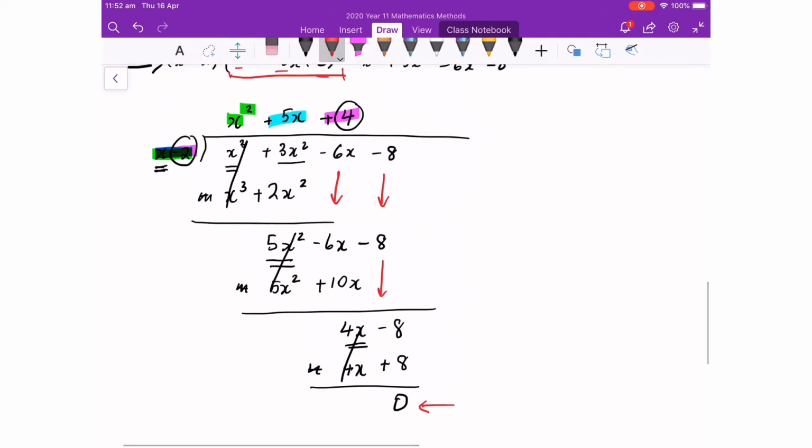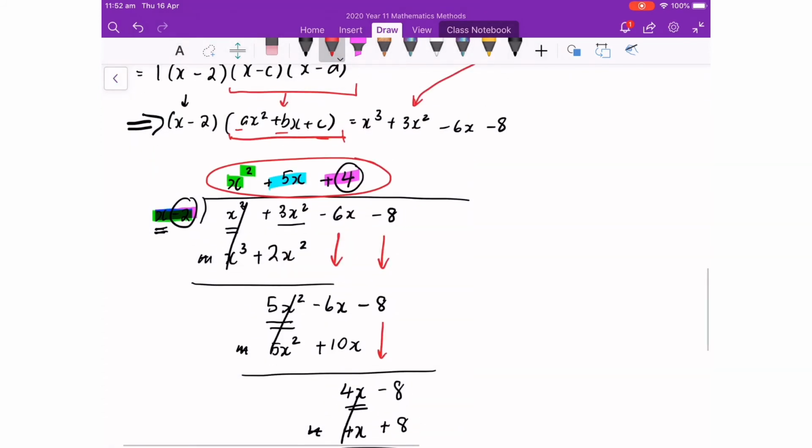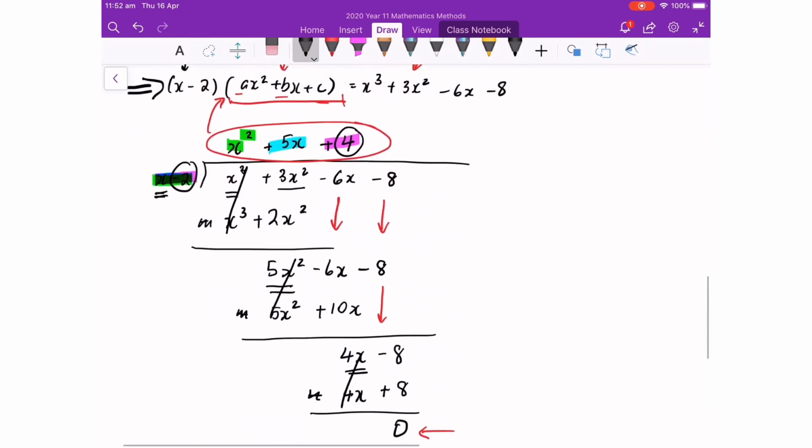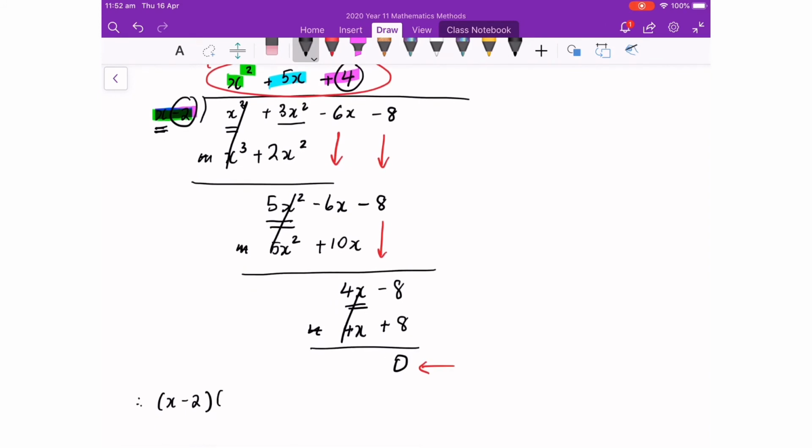So that means my number up here is going to be the same for this. We've just now figured out what's going to be that other bracket here. So let's rewrite it. I'm going to have x take 2, and our new bracket is going to be x squared plus 5x plus 4.